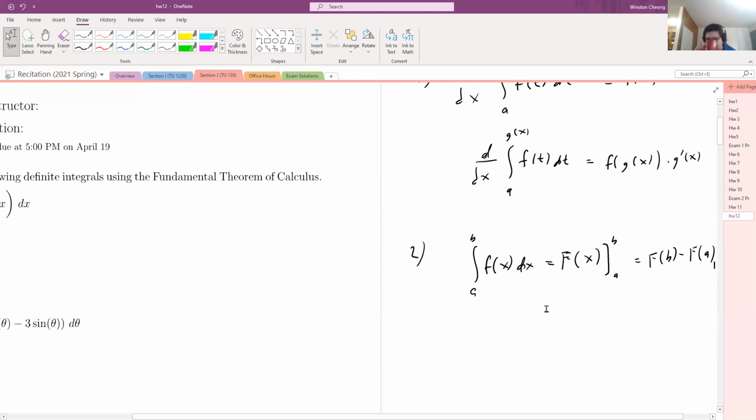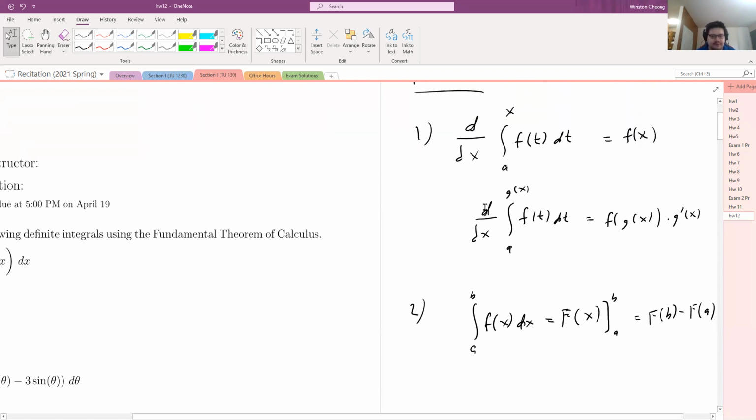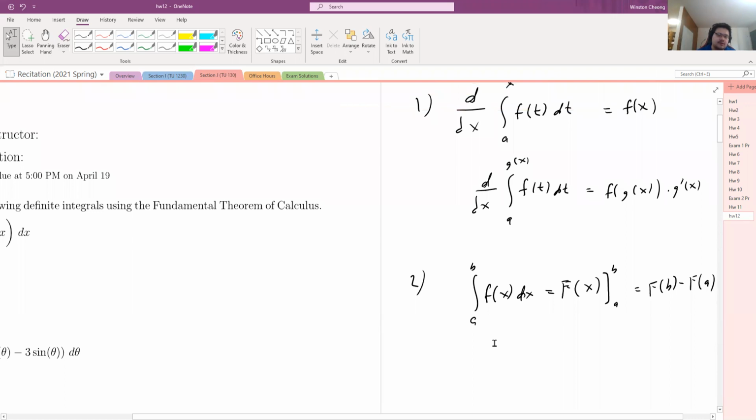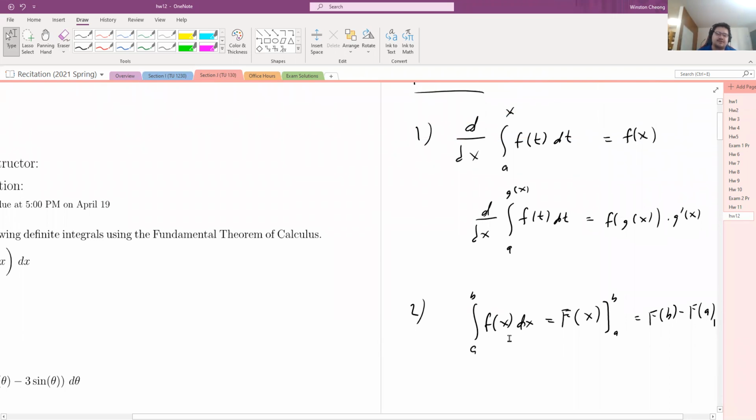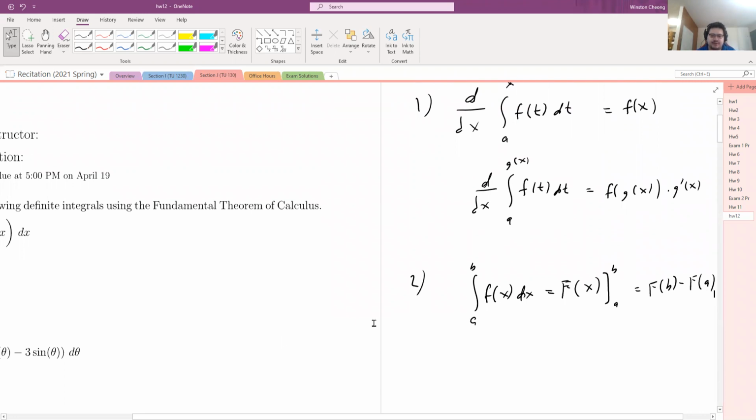Okay. Let me connect this to the first part, because both parts of FTC are saying something about how a derivative and an integral interact with each other. Here the derivative is hidden just a little bit.